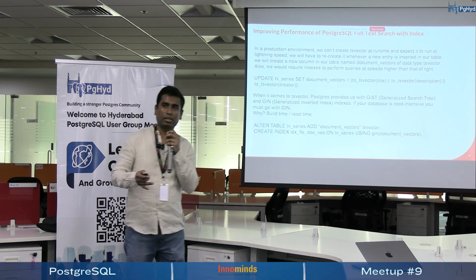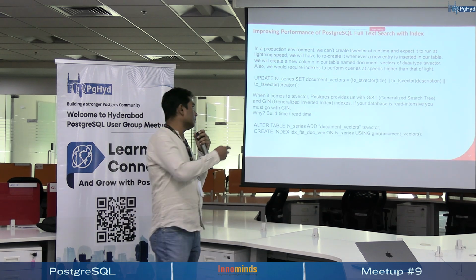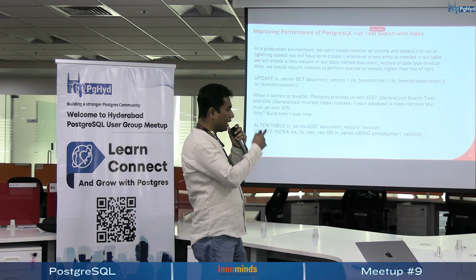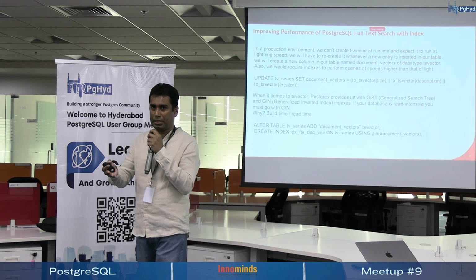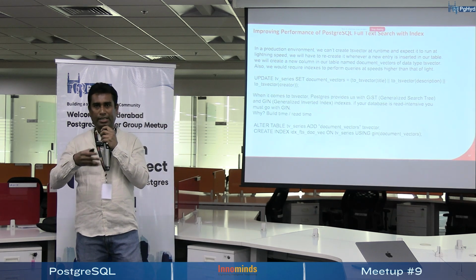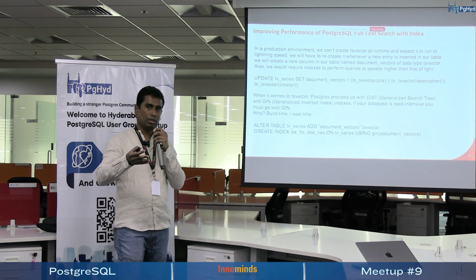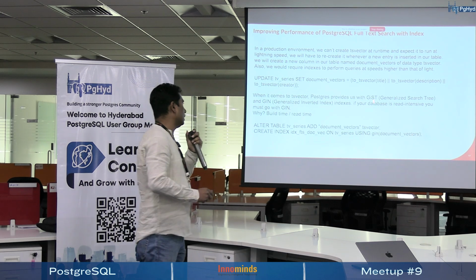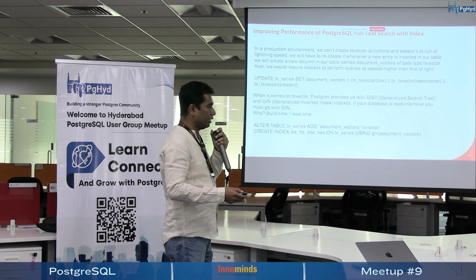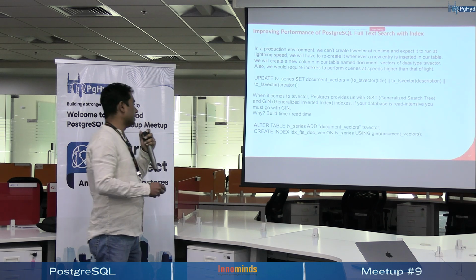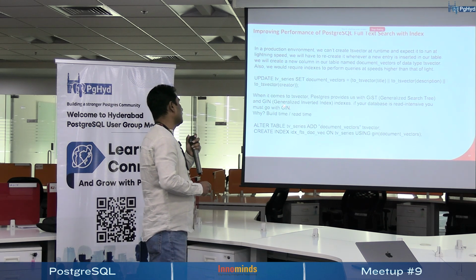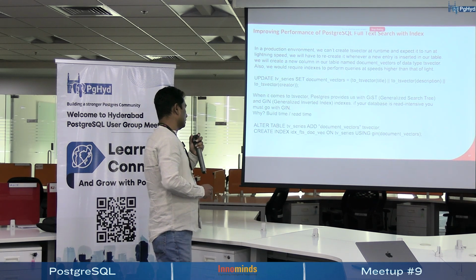It gives you better performance than GiST. But with GiST, suppose you are inserting and updating multiple times, so the read-write operation is more, at that time you can go with GiST, if reads will be less. But if reads are more, then at that time you should go with GIN indexing. Okay.